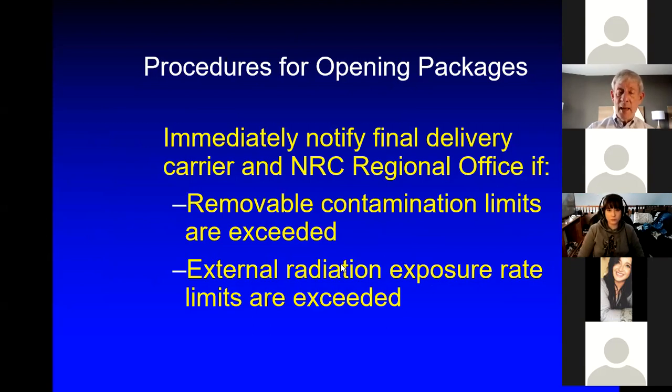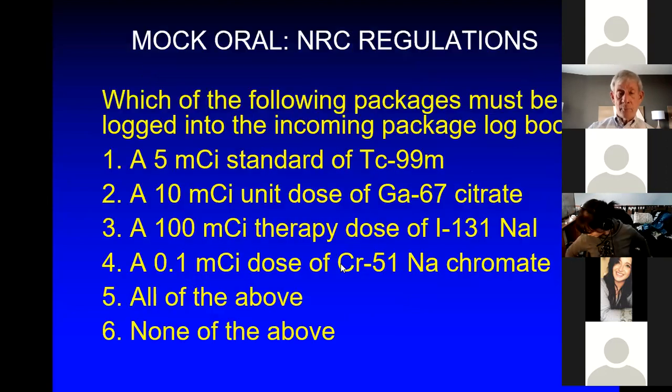Either they contaminated the box at the company, or maybe someone on your end contaminated the box. But regardless, if you find removable contamination on a package you receive, that is reportable. You have to notify the NRC or the state right away. Because it could be a case of what they call dry labbing, where they just pretended that the box was not hot and put in a background reading and maybe didn't even bother to check it. And the NRC does not like that at all.